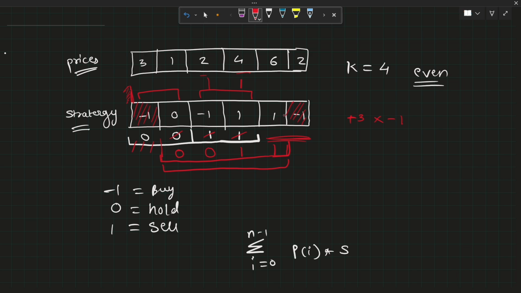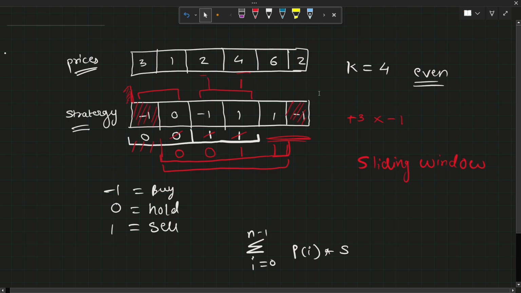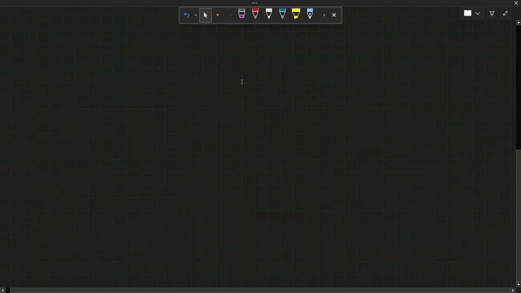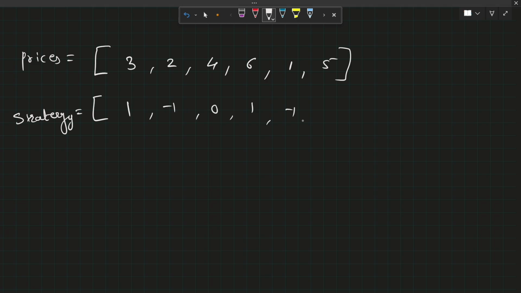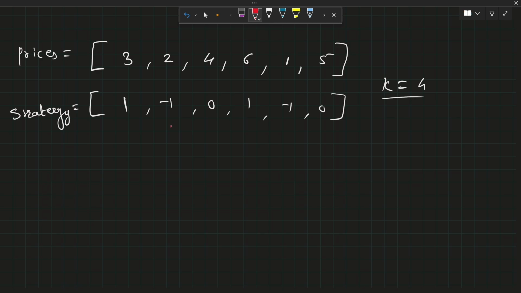Okay, so this is giving me the intuition of sliding window. So one thing is clear, that we can use sliding window. Okay, but how will we make the calculations? Let's try to figure that out. Now let's consider this example.